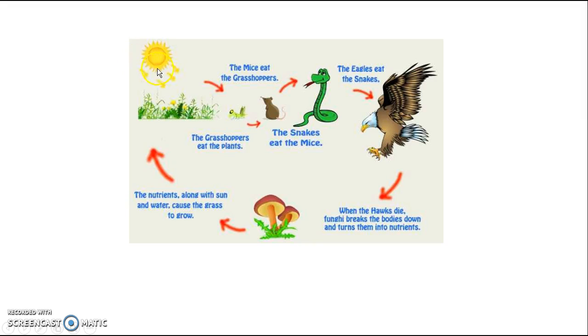So here we have the sun, then the grass, or the plants, then the grasshopper eats the plants, the mice eat the grasshoppers, the snake eats the mice, and then our eagle eats the snake. But eventually that eagle's going to die, and his body will decompose, and that helps provide the nutrients back into the soil that we need to ensure future growth of more plants.